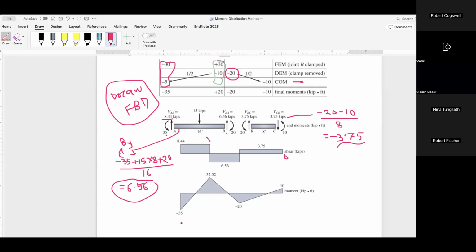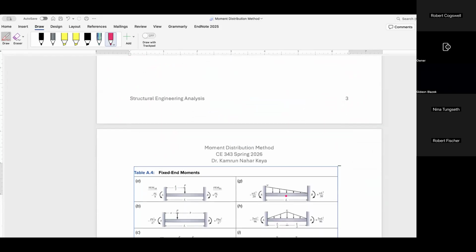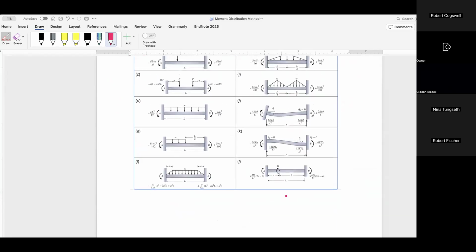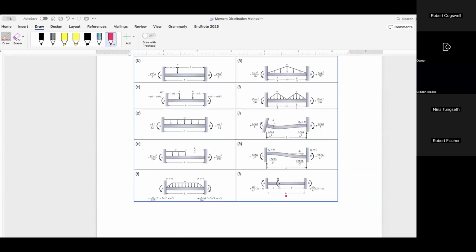So minus 35 plus the area of this one, then you get something like that, then minus the area of this one, then you get this, then plus this one, you get 10, then you have minus 10. Done. Make sense?